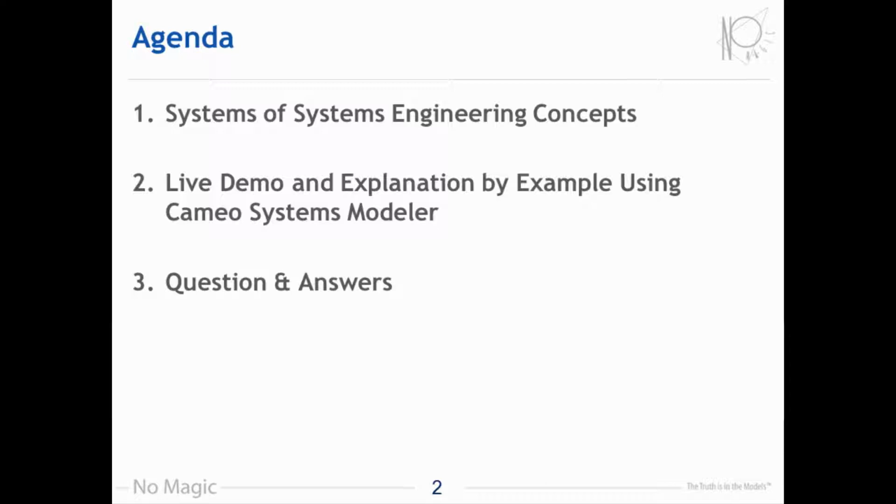And we will spend most of the time trying to model some example of an ATM system using Cameo Systems Modeler, since I believe that the best way to explain the concepts is by exploring an example. So this should take us some 30-35 minutes, and then we will leave quite a lot of time for questions and answers. If you have any questions in your mind during this session, please fill them in the questions tab.